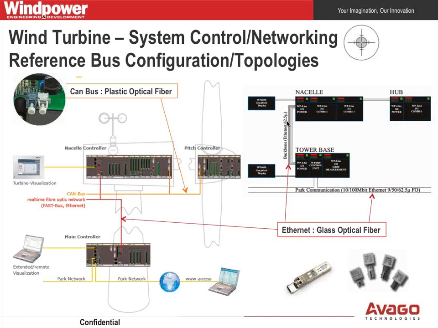That would tend to be run with glass fiber optics and using some of our either discrete products, which are down here in the lower right-hand corner, or a traditional networking fiber optic transceiver package, which is what this is that I'm pointing to now. So we have products that can fit all the networking, all the control communications within the wind turbine application and wind farm applications.